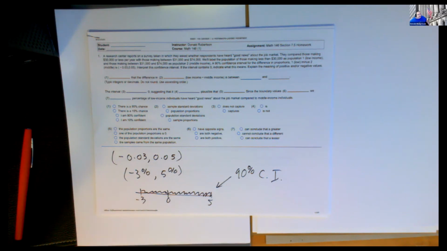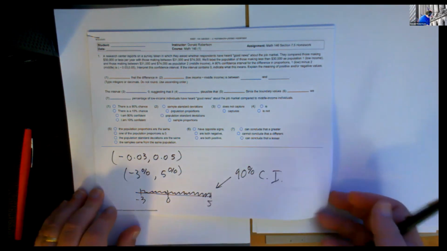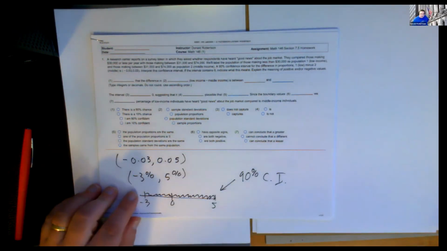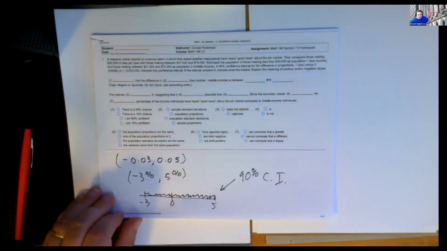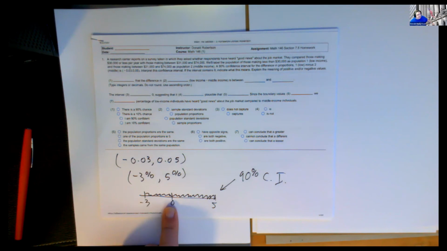That's all it basically tells me. And in this case, is there evidence to show that the groups are different in any way? Well, the answer is, where is 0?